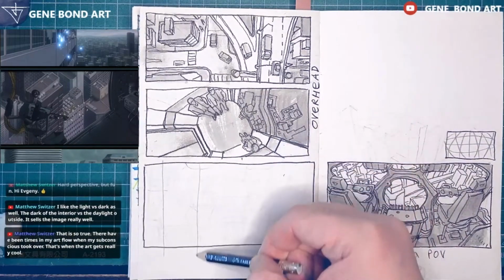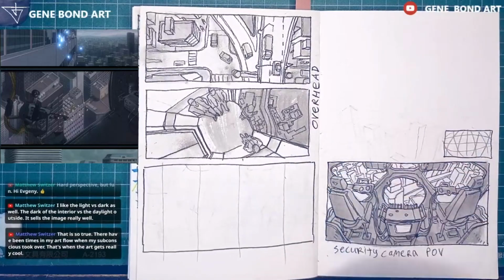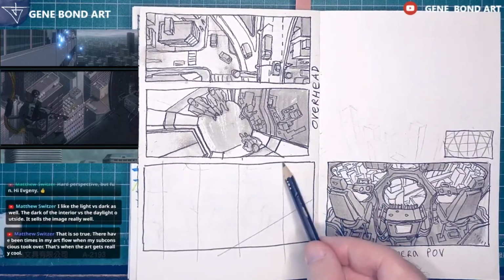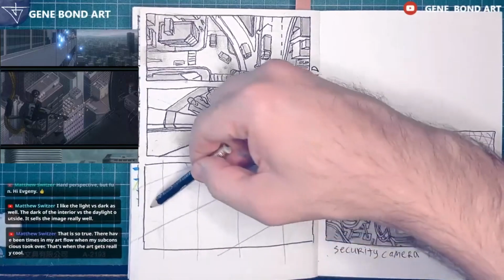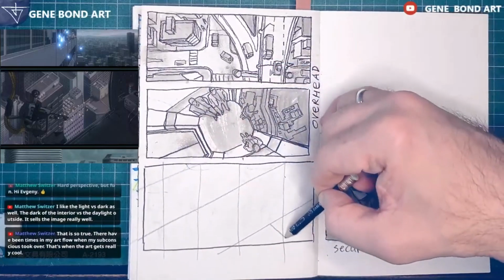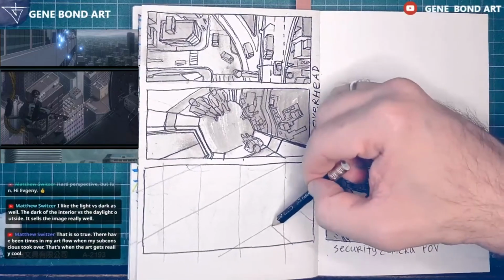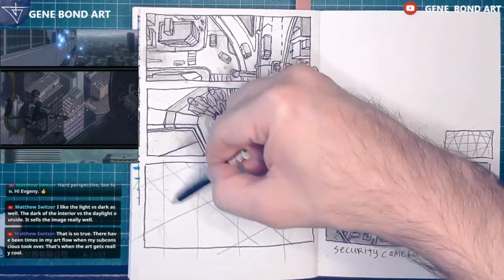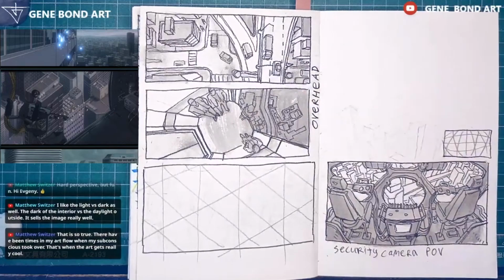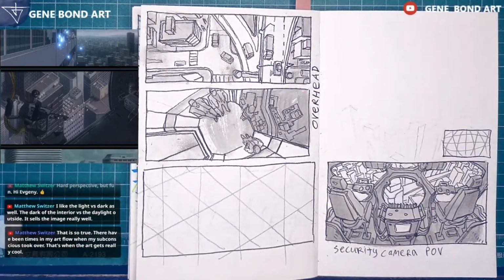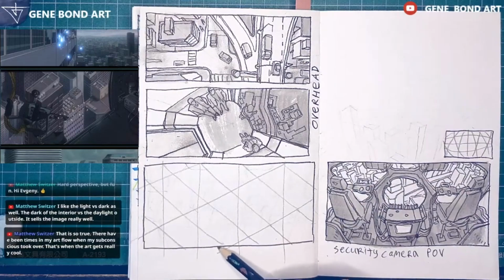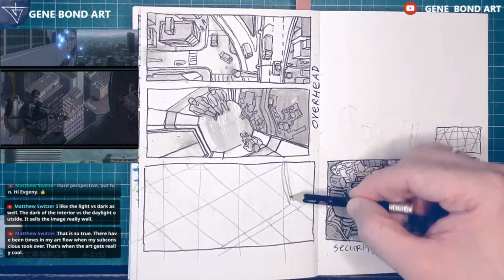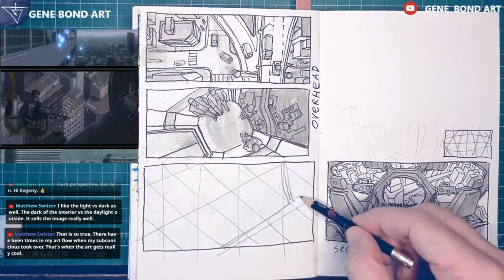Vertical lines, just parallel vertical lines. Then we have this for Z and this for X. Then say these are helicopter interior.